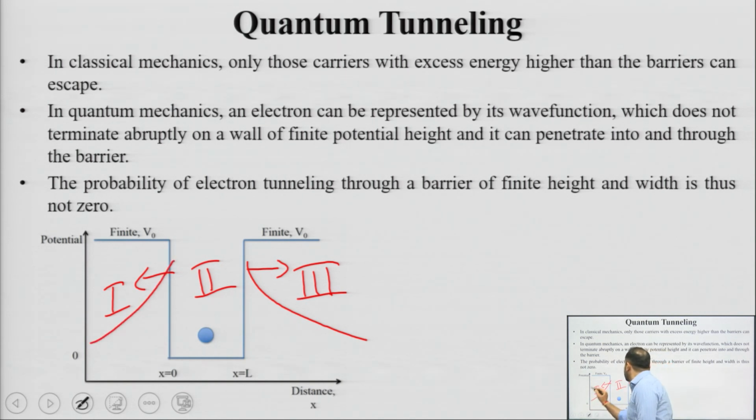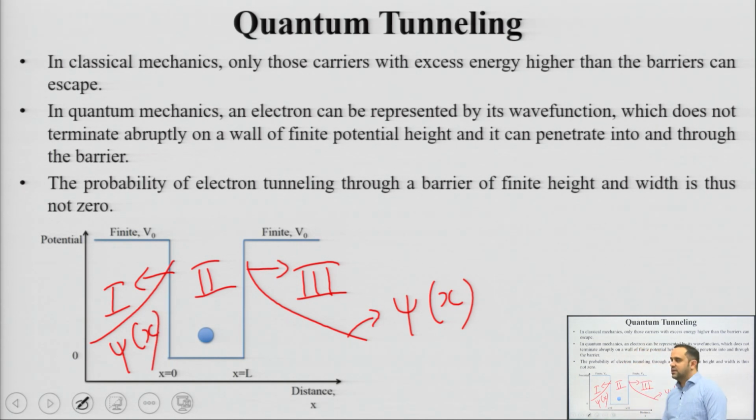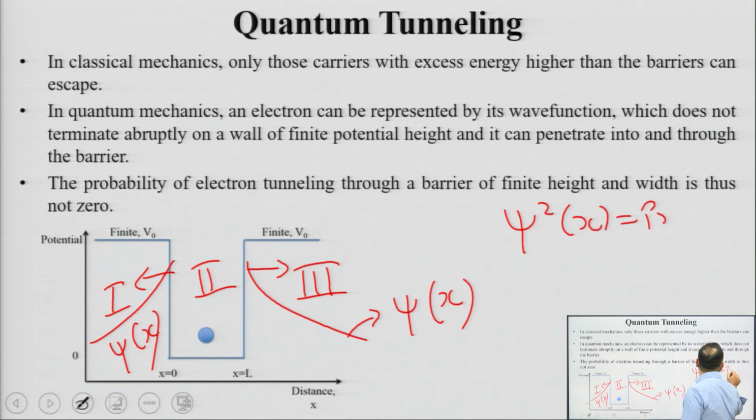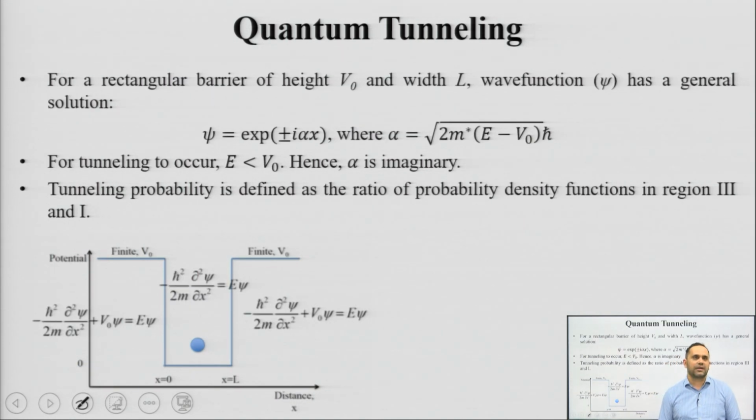This is the pattern for psi, this is how it is going to look, which basically means that since psi square gives you the probability of finding an electron, there is a non-zero probability of finding an electron outside the barrier, even if the total energy of the electron is less than the potential barrier height, and this is the phenomenon of quantum mechanical tunneling.